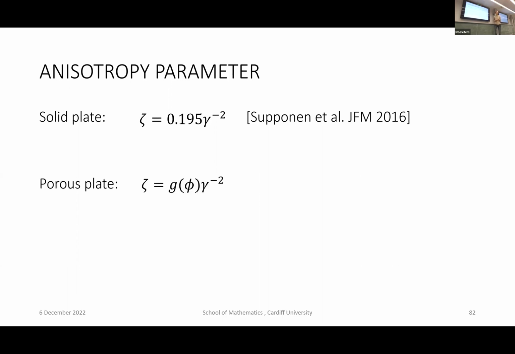And so what we're going to say is that for a porous plate, we basically get the same power law behavior, but not this 0.195, but some function of the void fraction. And we already know two extreme cases. If our void fraction is 0, we just have a solid plate. If our void fraction is 1, it's 0, because there's 0 anisotropy in our system.